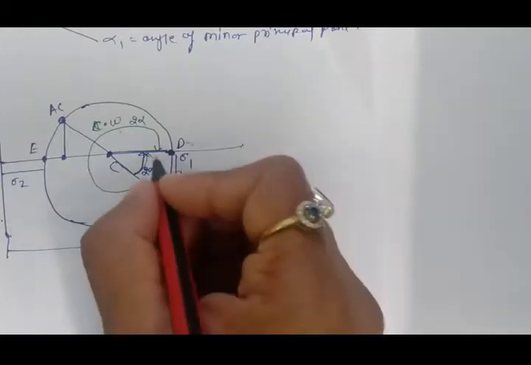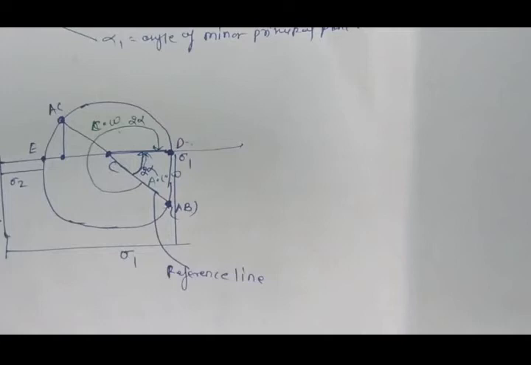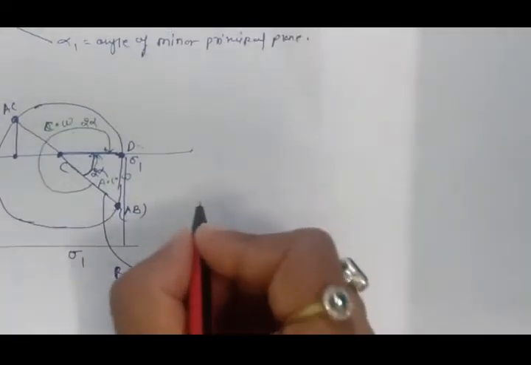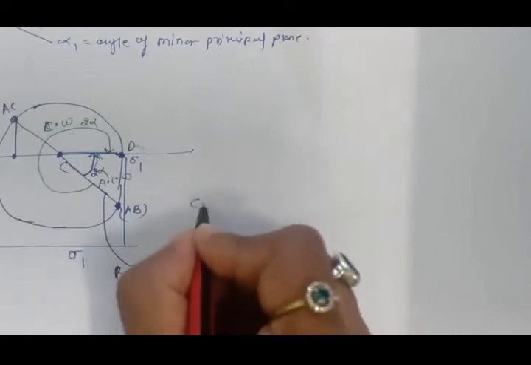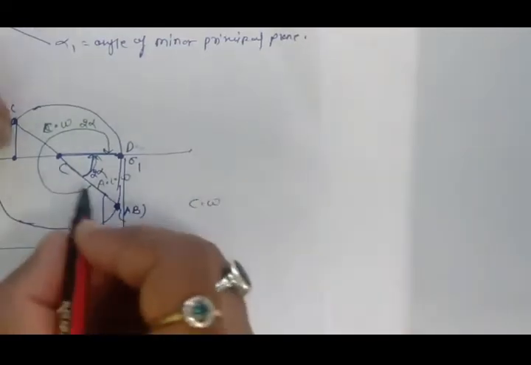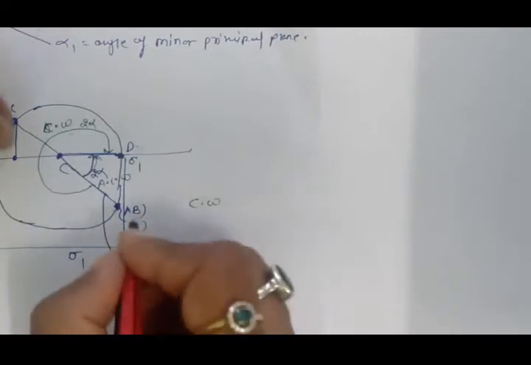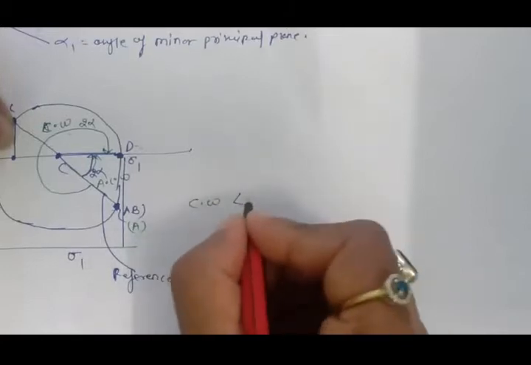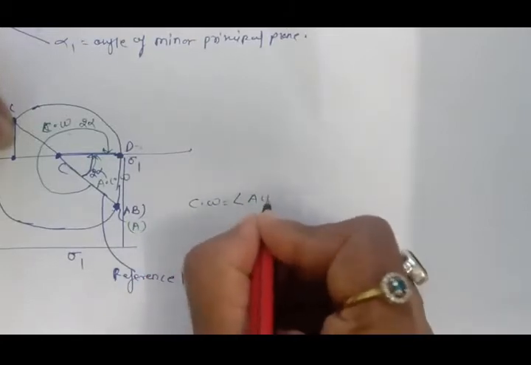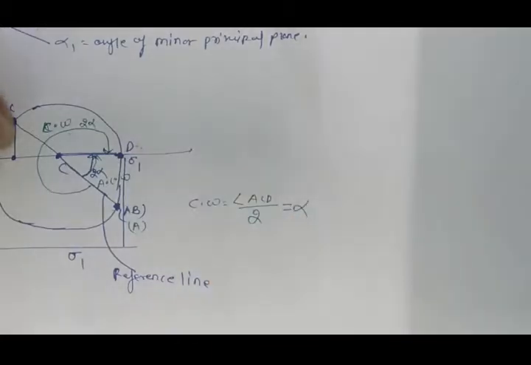We can show it in this way, in the clockwise sense or anti-clockwise sense, but you have to always write the sense, clockwise or anti-clockwise. If you see the clockwise, suppose this plane AB, I am denoting this A, so angle ACD divided by 2 is nothing but the angle of the major principal plane.